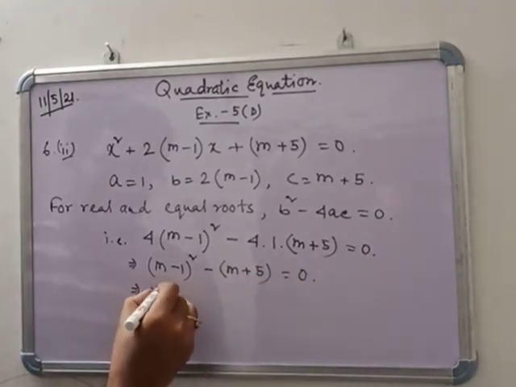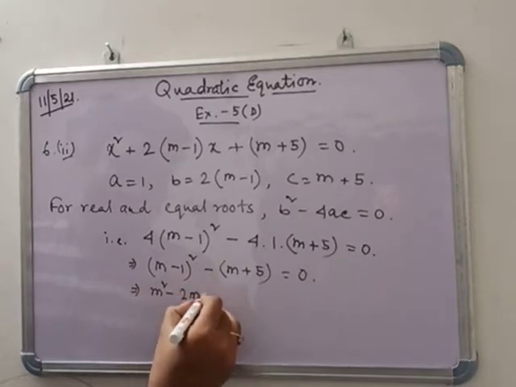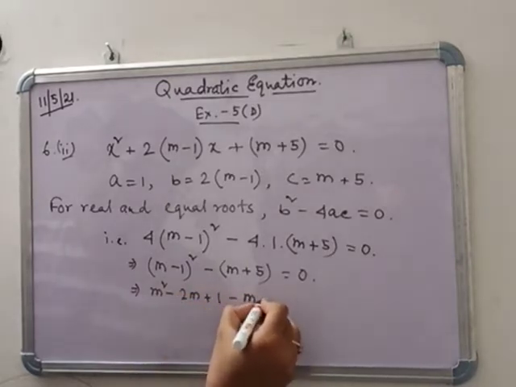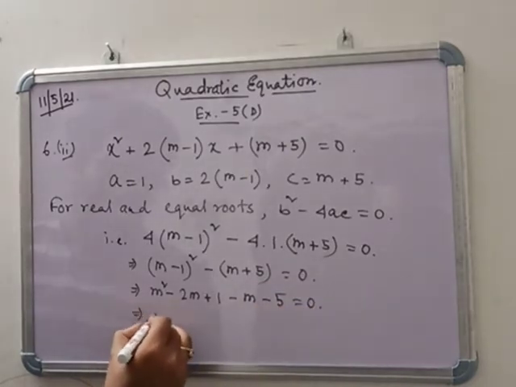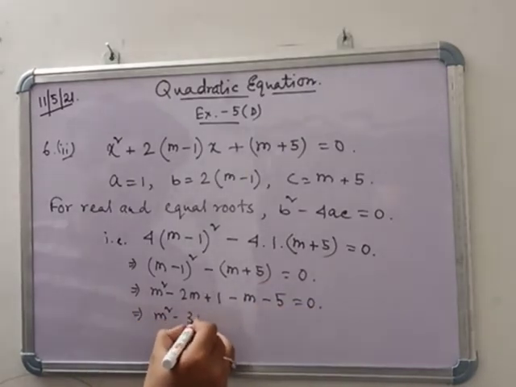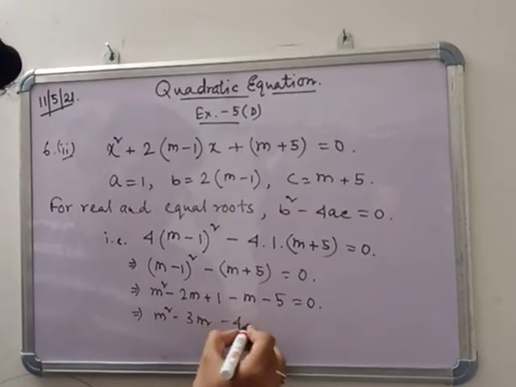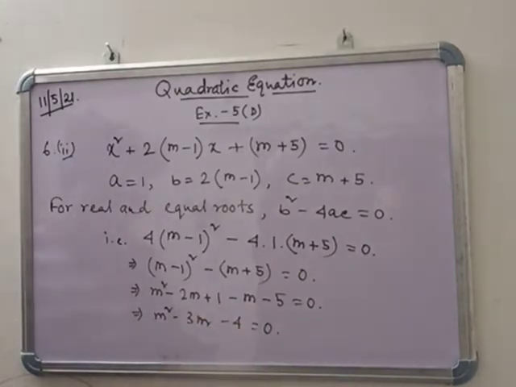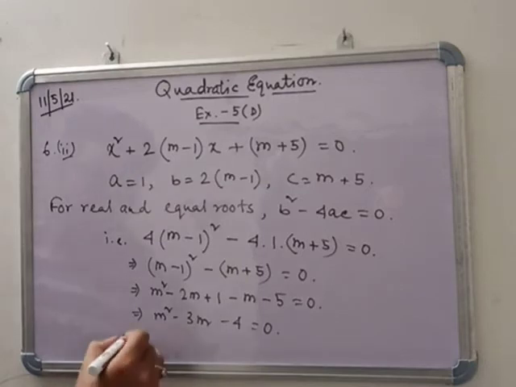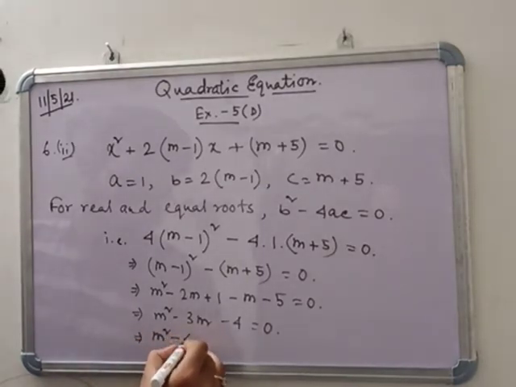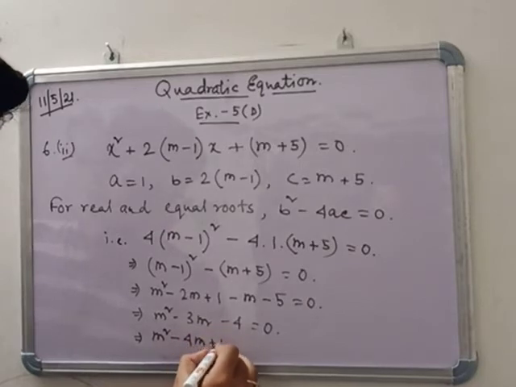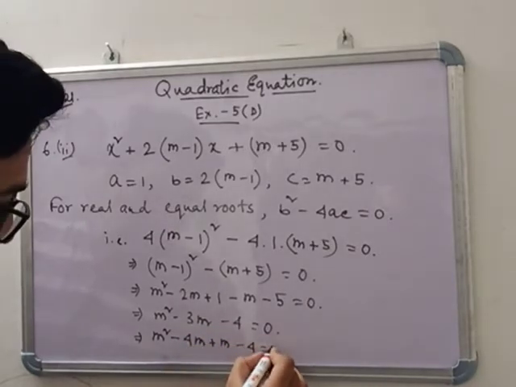So m square minus 2m plus 1 minus m minus 5 equals to 0. So that means m square minus 3m minus 4 equals to 0. So that means m square minus 4m plus m minus 4 equals to 0.